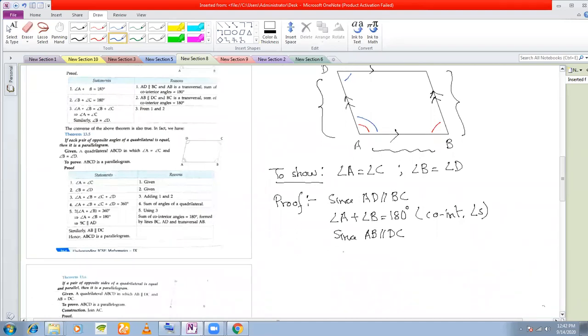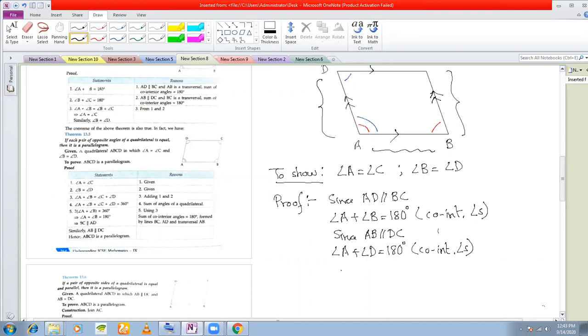So you can say that angle A plus angle D is equal to 180 degrees because they are co-interior angles.